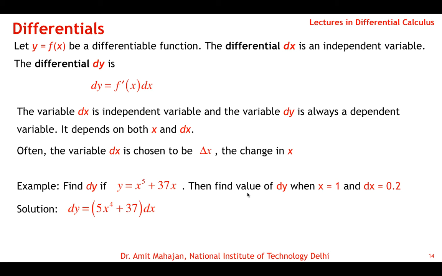If I calculate the value of dy when x is 1 and dx is 0.2, I can substitute x as 1 and dx as 0.2, so dy will be (5 plus 37) into 0.2. That's 42 into 0.2, or 8.4. So given the dx differential, we can calculate the dy differential.